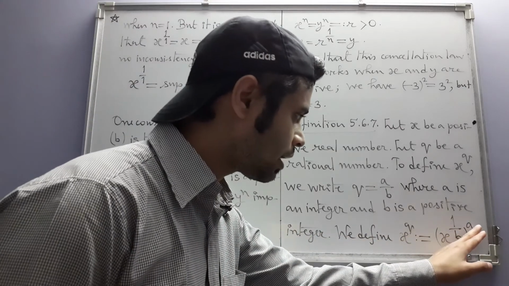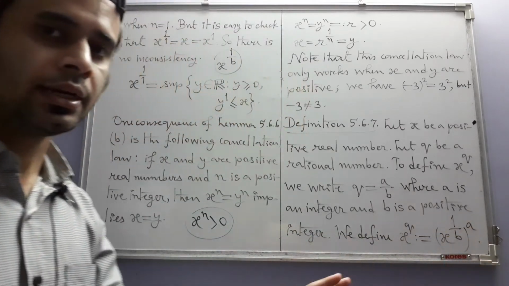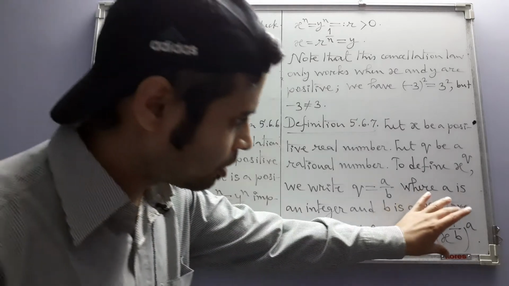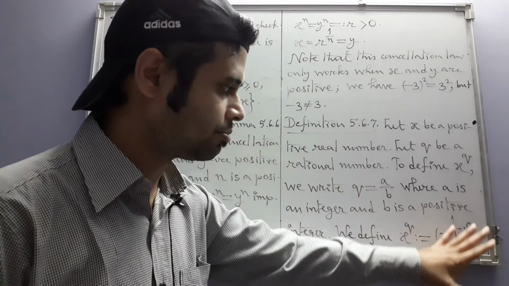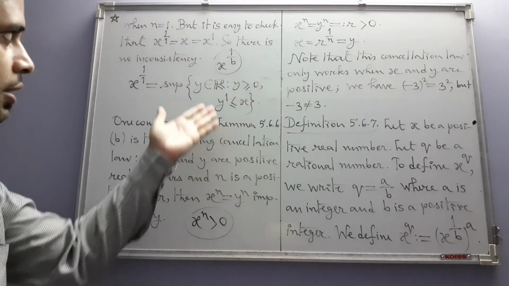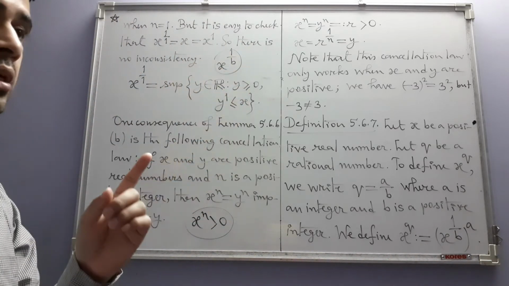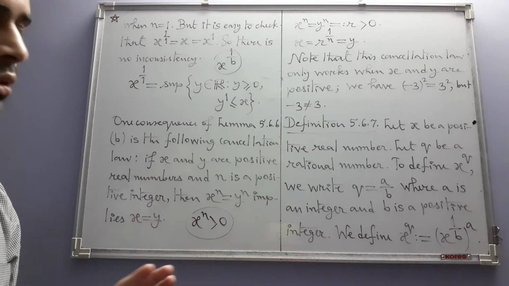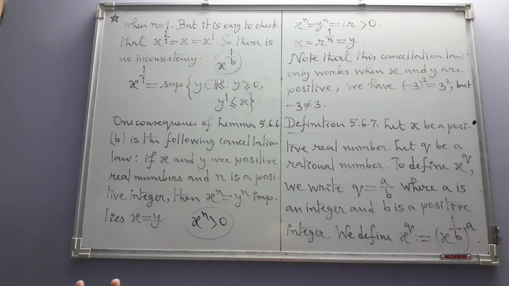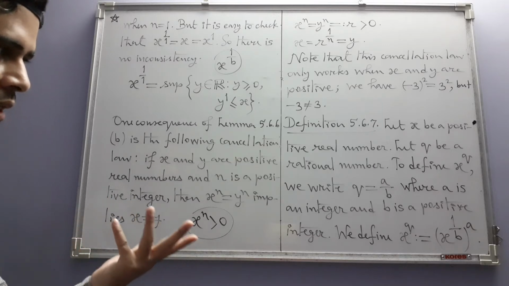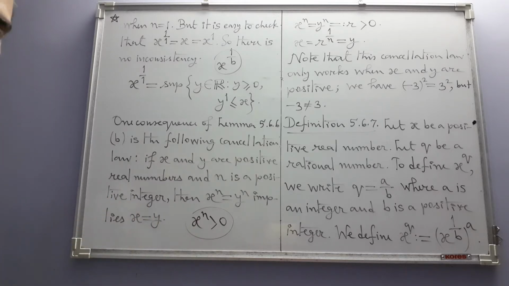So even when our integer a is negative, there is no problem forming this a-th power of x to the power 1 by b, because now our x to the power 1 by b is a non-zero real number. So even when a is negative, we can form the power.